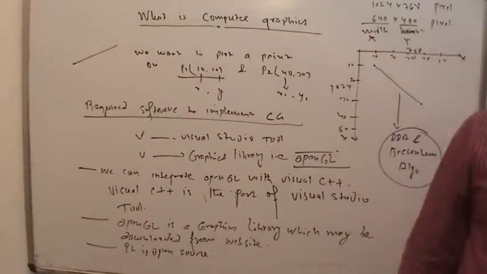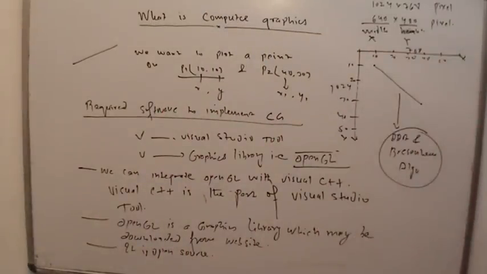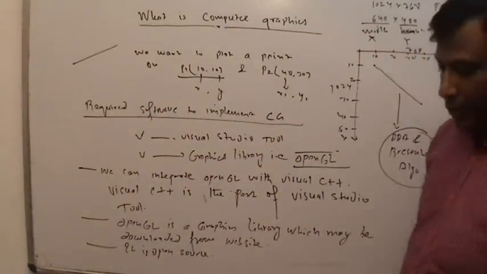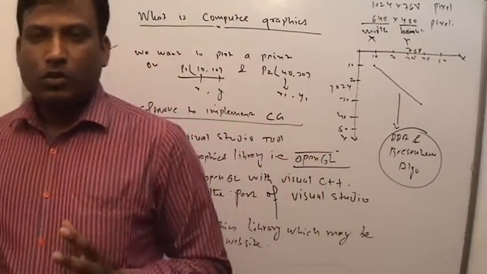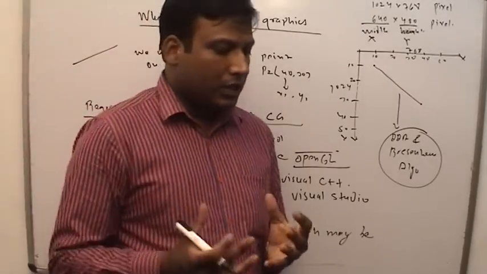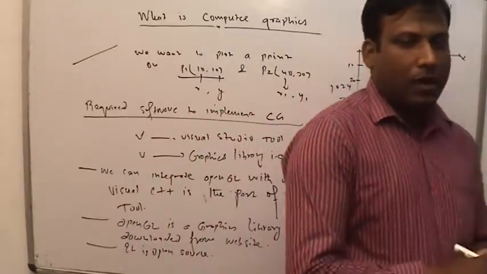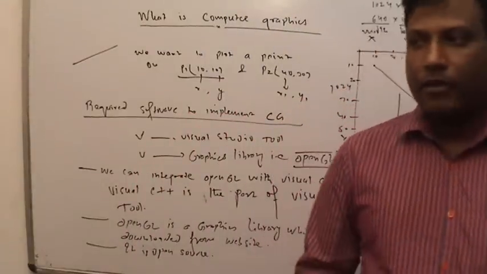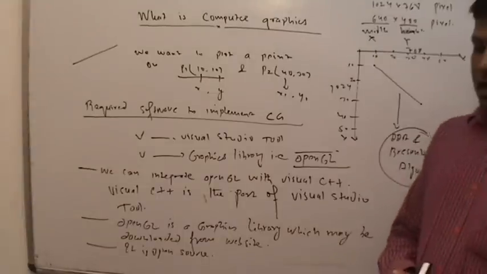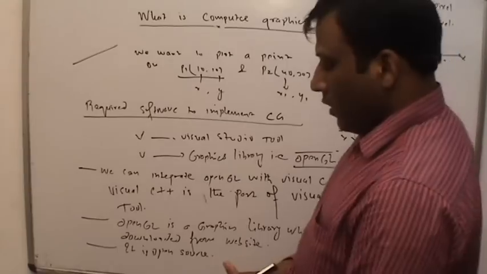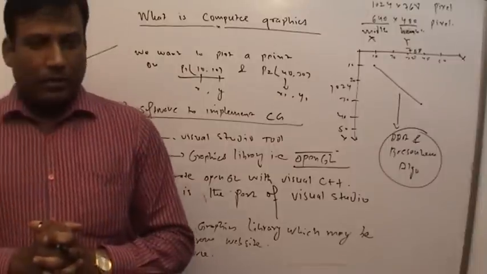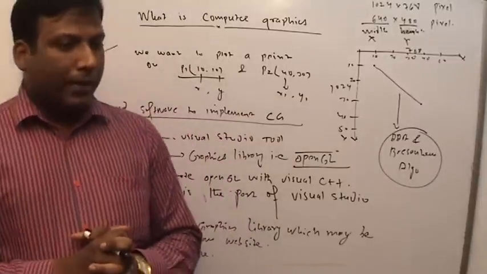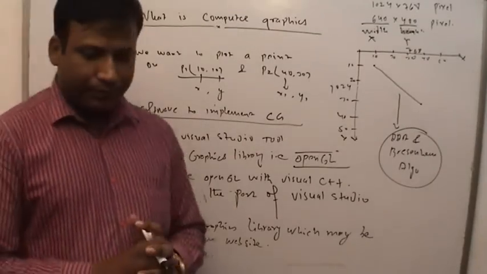The OpenGL graphics library is open source code. What is open source code? Open source code is code which is downloaded free of cost from a website, and we can enhance that software, or it may be downloaded by any user to implement computer graphics.